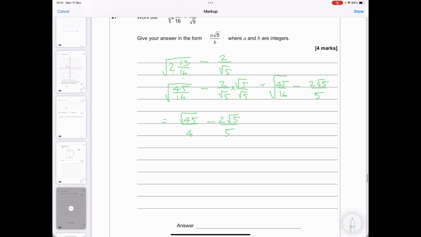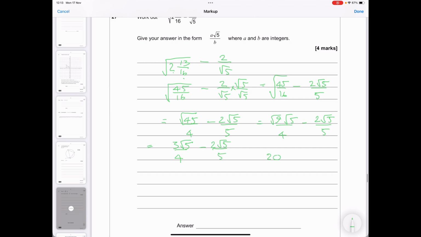Now, root 45 is divisible by 9, so I could make root 45 root 9 root 5 over 4 minus 2 root 5 over 5, which equals 3 root 5 over 4 minus 2 root 5 over 5. We can't do anything now until we've got a common denominator, because 4 and 5 won't work with each other, and the common denominator for 4 and 5 is 20.